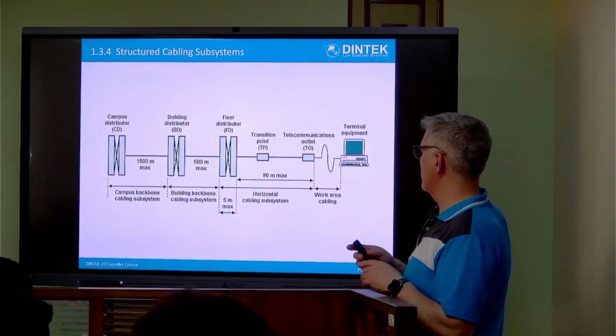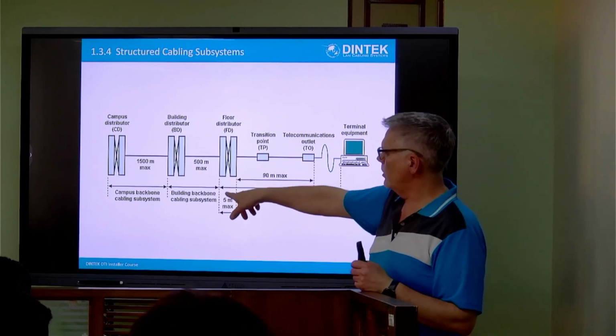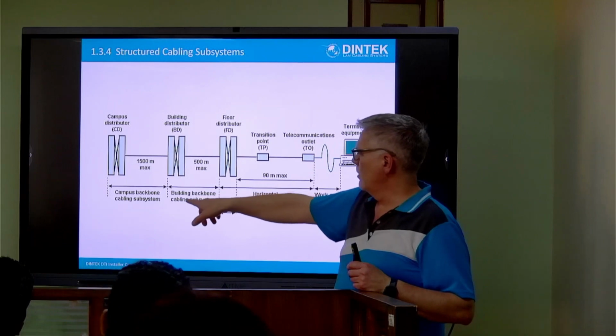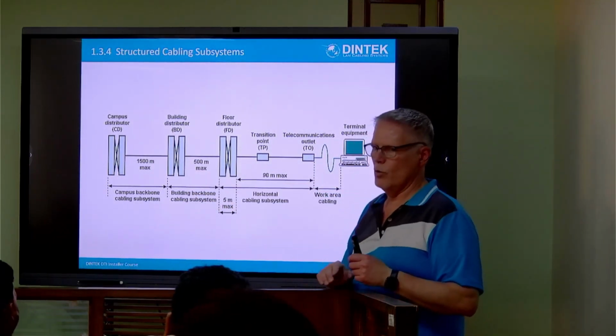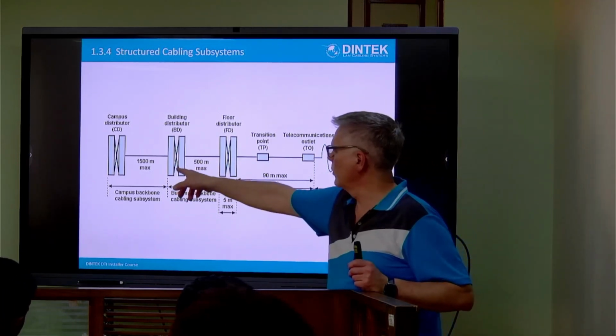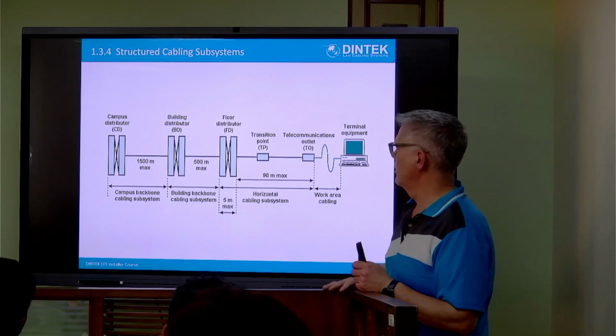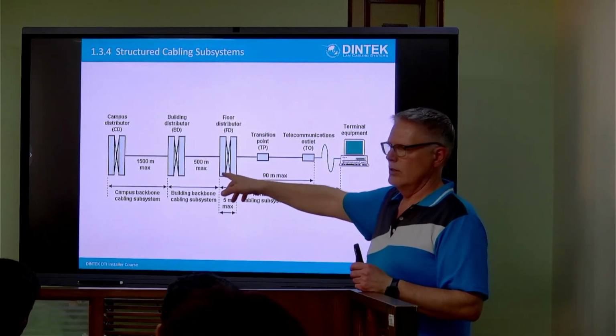Backbone cabling under the standards also gives you maximum distances that you can use. So for a building backbone cable, you can't go more than 500 meters max between building distributor and floor distributor. You'd have to have some kind of intermediate point in place.